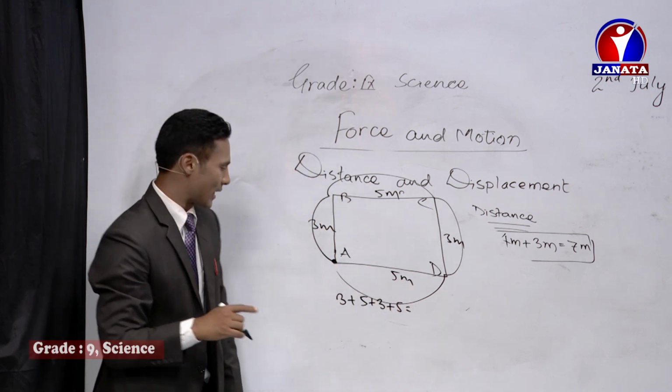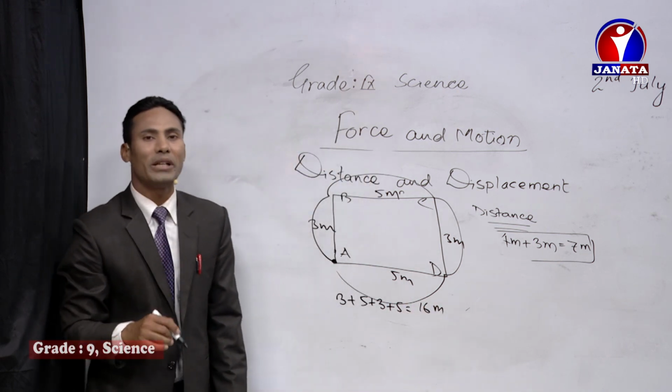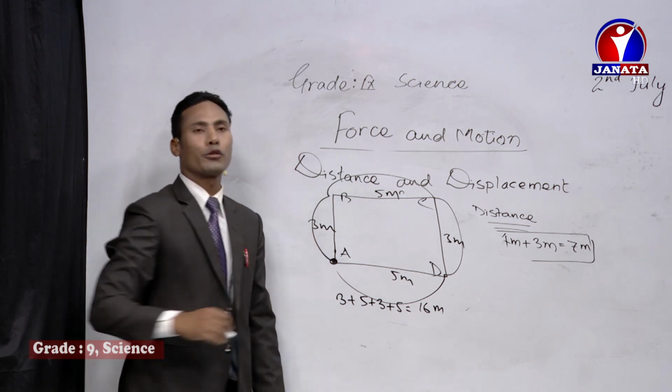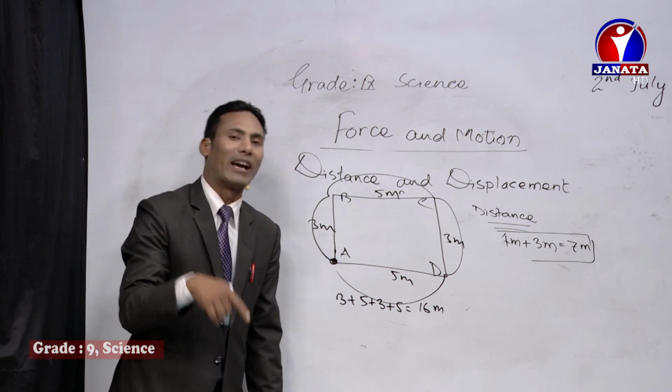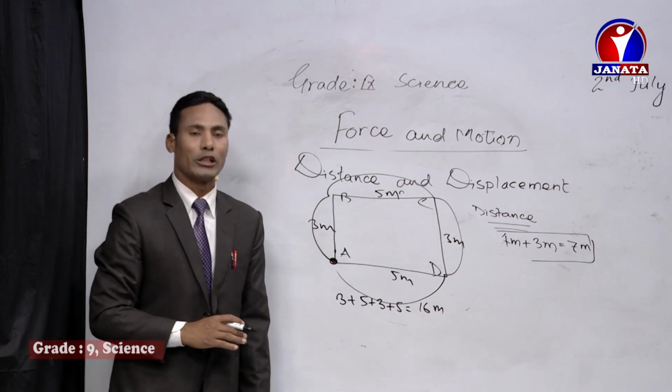This is the total distance, 16 meters, but the displacement is 0. Why? Because the initial point and the final point are the same. That's why the displacement is 0.